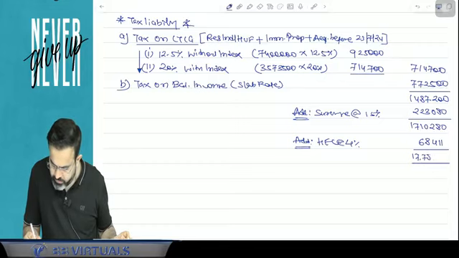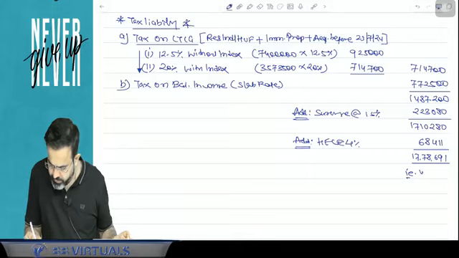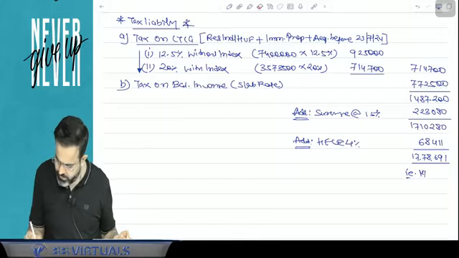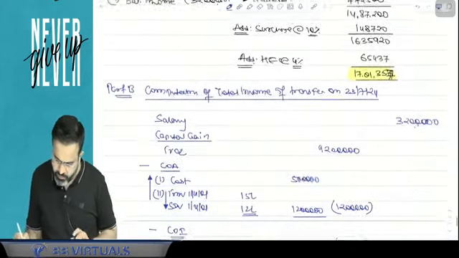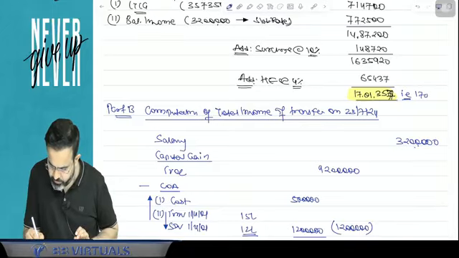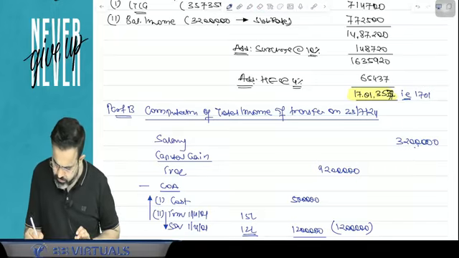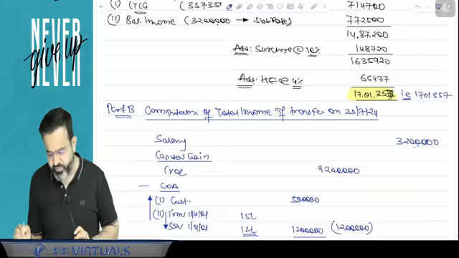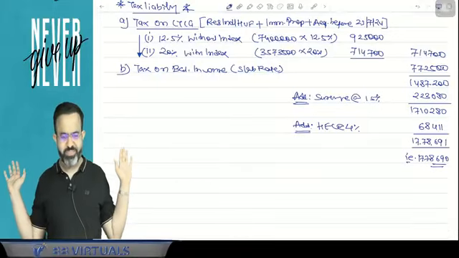That is 17,78,691, and it was 17,01,357. Done. So this was the question.